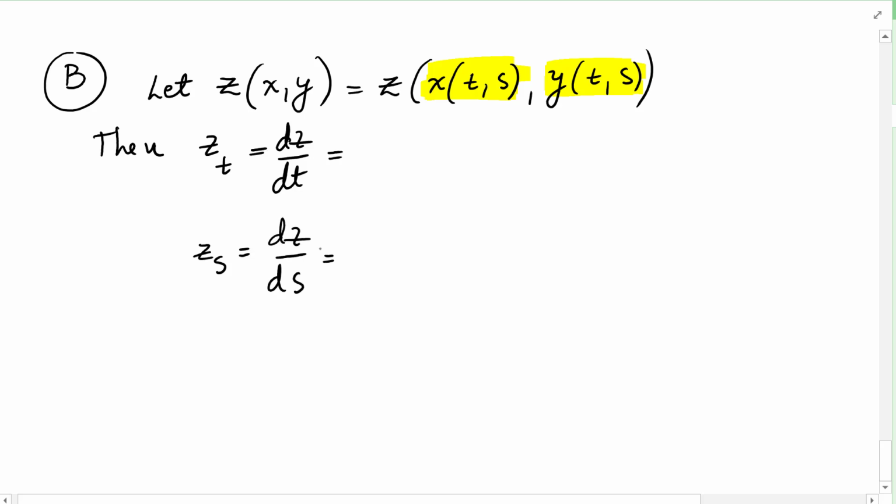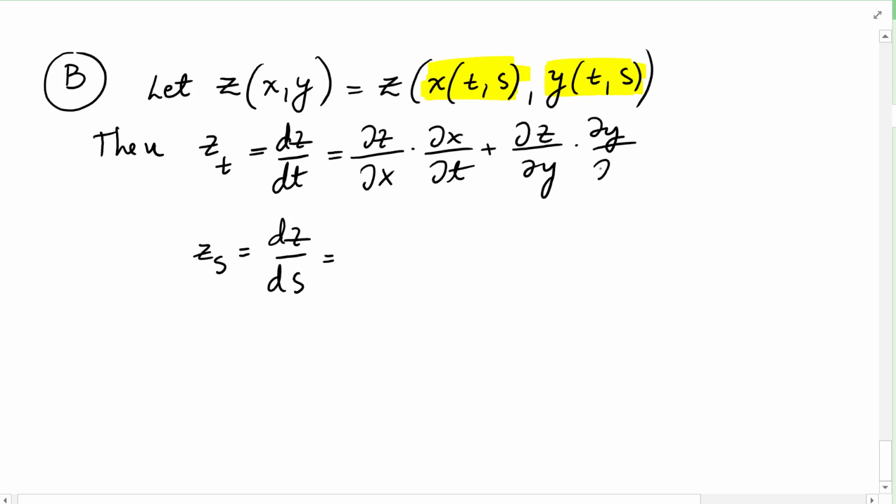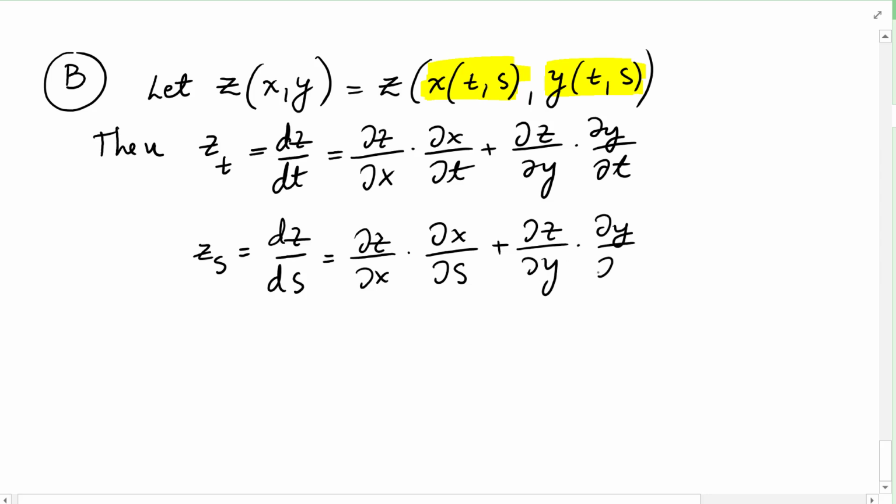So using the chain rule, we get dz/dt is dz/dx times dx/dt plus dz/dy times dy/dt, and dz/ds is dz/dx times dx/ds plus dz/dy times dy/ds.